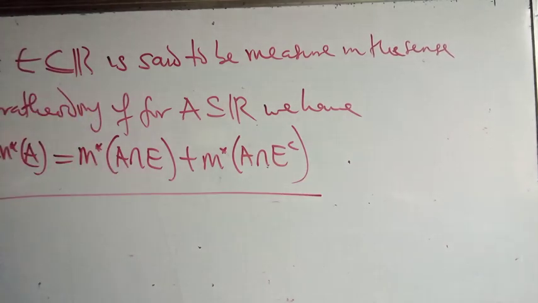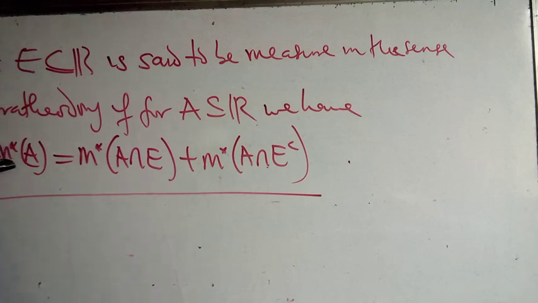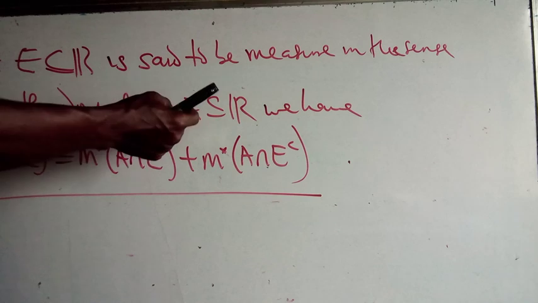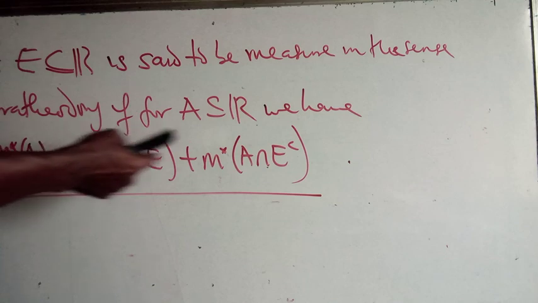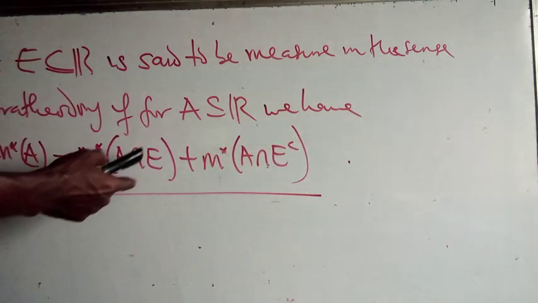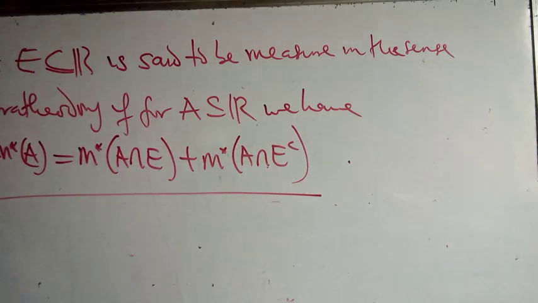So if this happens, then we say that the set E is measurable in the sense of Caratheodory.